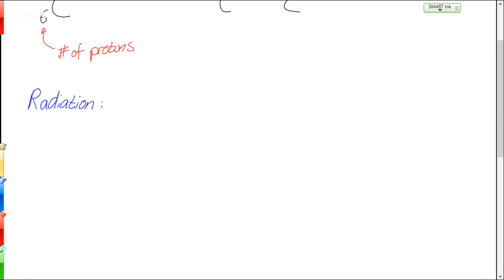First, radiation. Now, radiation is a very general term. It is not specific to nuclear chemistry. Radiation is any emission of energy. So when you turn on a light, radiation comes off of the light. The radiation that comes off is visible light.